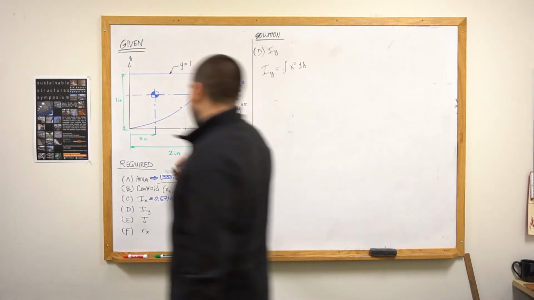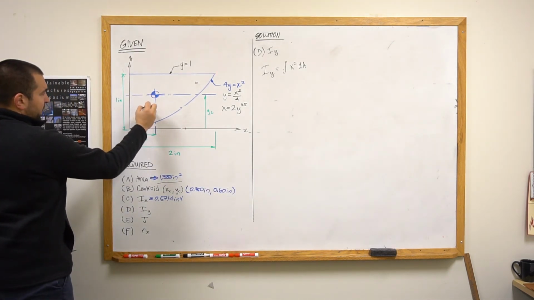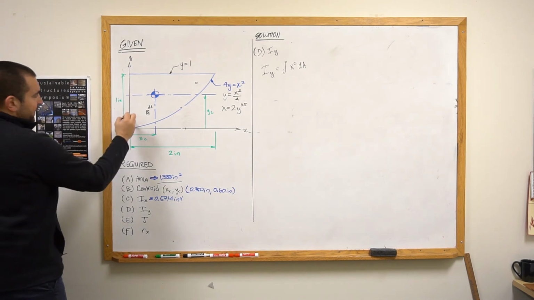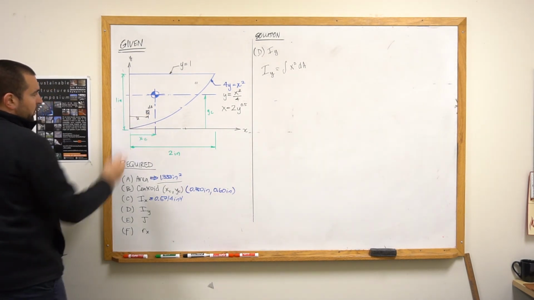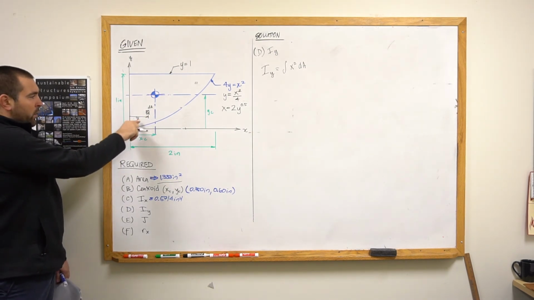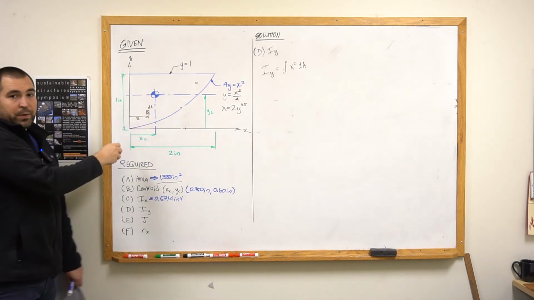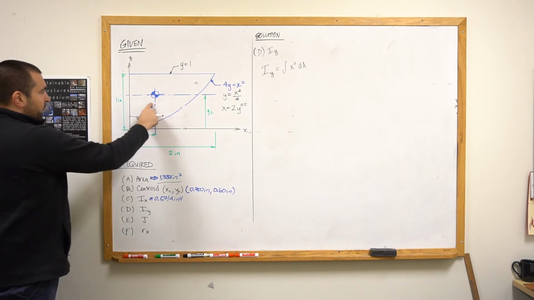But it's the same idea. We're looking at a small differential area and its distance from the y-axis. We take this differential area, multiply it times the square of this distance to our axis of interest, and then integrate to add up all of those results together.